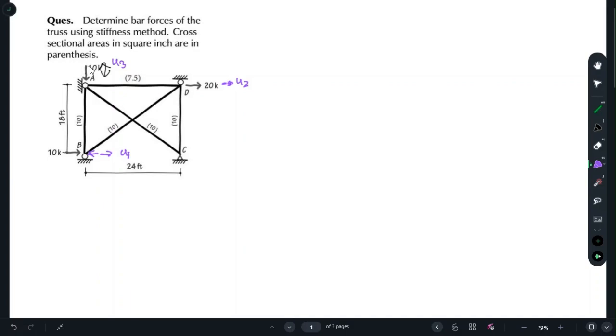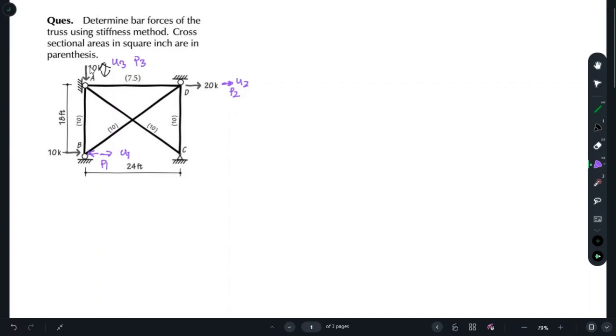So the first step of this method is done. The second step is to form a joint loading matrix. We call the loading at point B P1, the loading at D P2, and the loading at U3 P3.